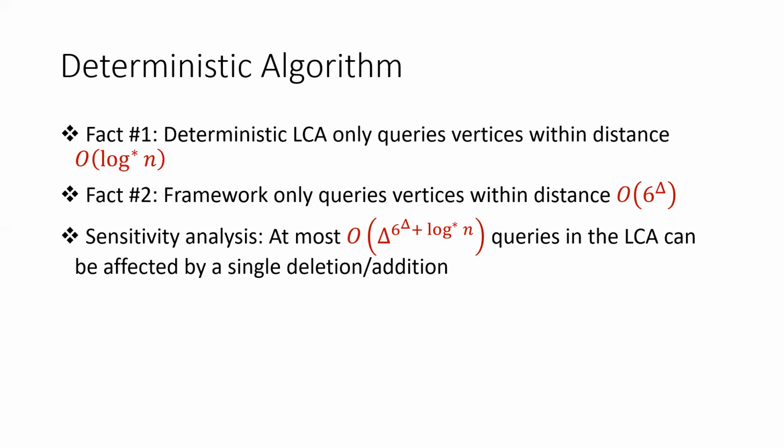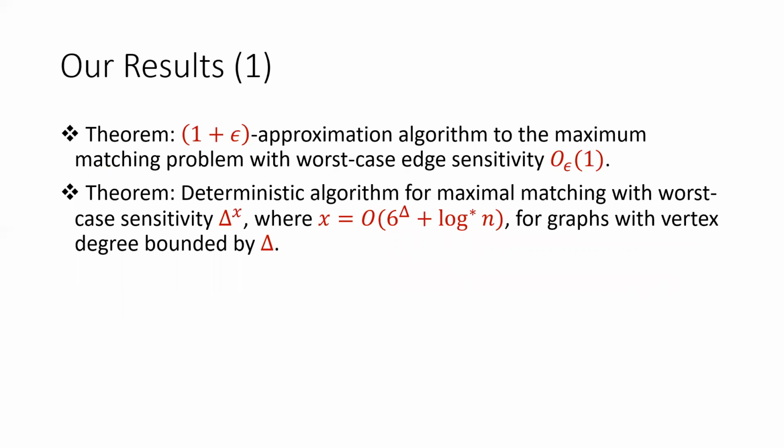This is because this is the number of queries in the LCA that can be affected by a single deletion or addition. We can show this by starting at a root of a tree and proceeding downwards. So this gives both our 1 plus epsilon approximation algorithm to the maximum matching problem and our deterministic algorithm for maximal matching.